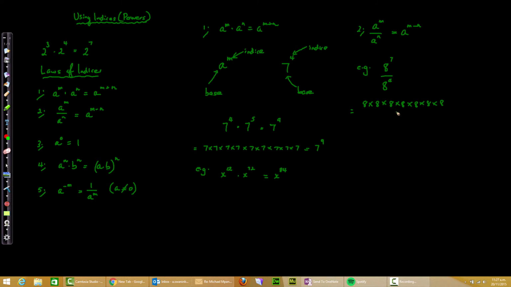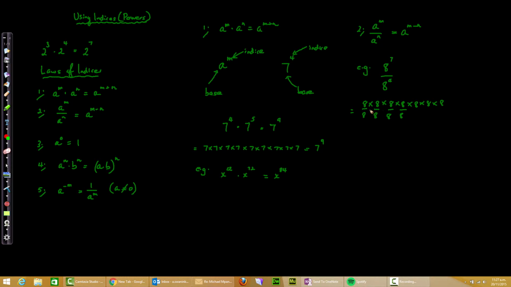So 8 being multiplied together 7 times, and we've got, that was a mistake again. Let me just try and erase that carefully without erasing everything. We're multiplying on the bottom 8 being multiplied together 4 times.